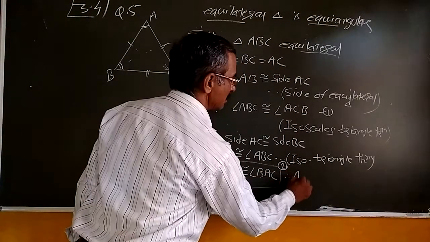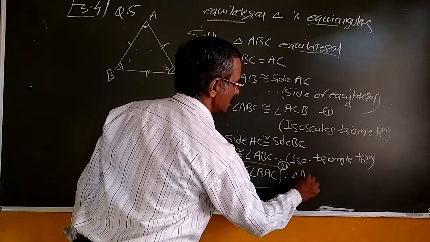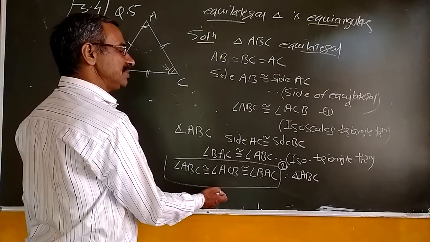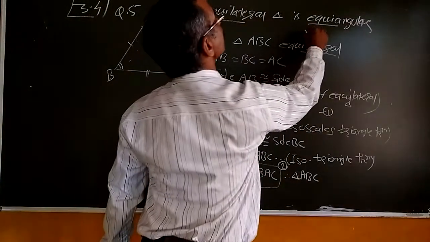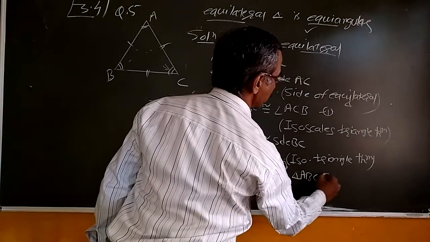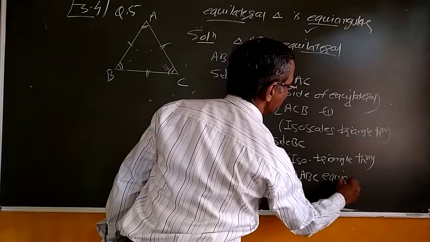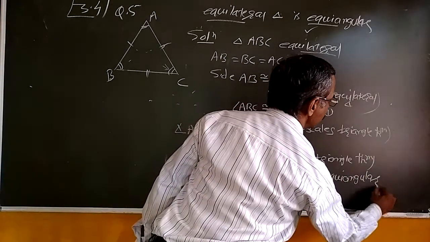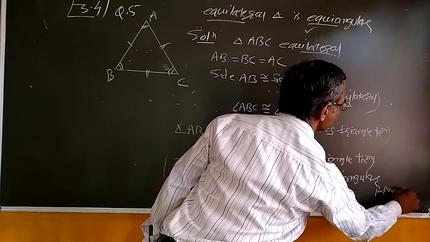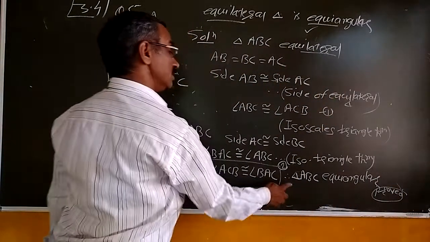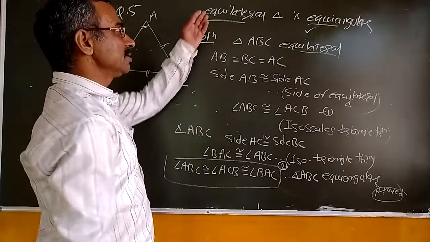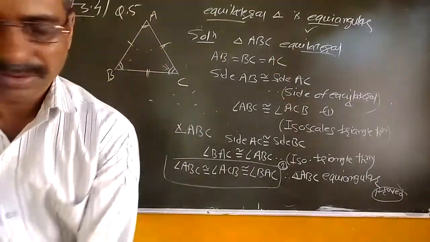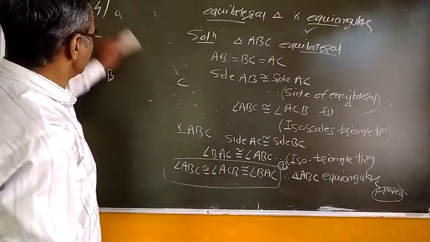Therefore triangle ABC, if all angles are congruent or equal in measurement, is called equiangular. We proved here the triangle ABC is equilateral as well as equiangular. So we solved question number 5.